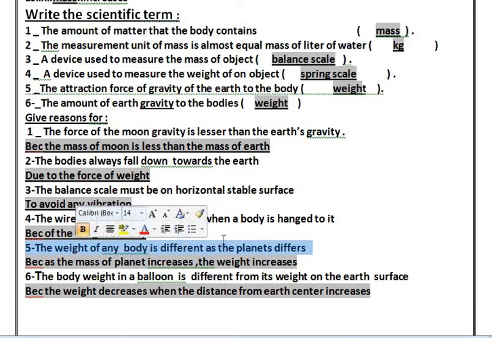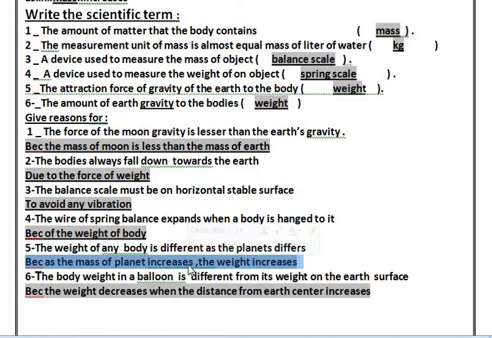وزن الجسم بيختلف حسب البلانت اللي هو موجود عليه. Because as the mass of planet increases كلما زادت كتلة الكوكب the weight on it increases الوزن عليه بيزيد. The body weight in a balloon هنا بالون بمعنى منطاد أو طيارة، المهم إن هو بعيد عن سطح الأرض، is different from the weight on the earth's surface بيختلف عن وزنه على سطح الأرض.